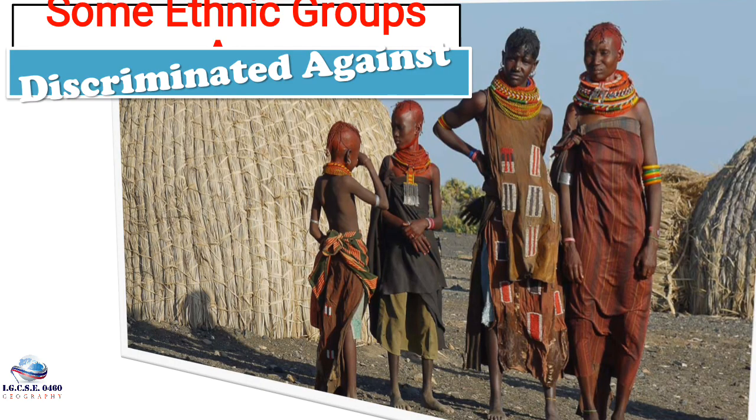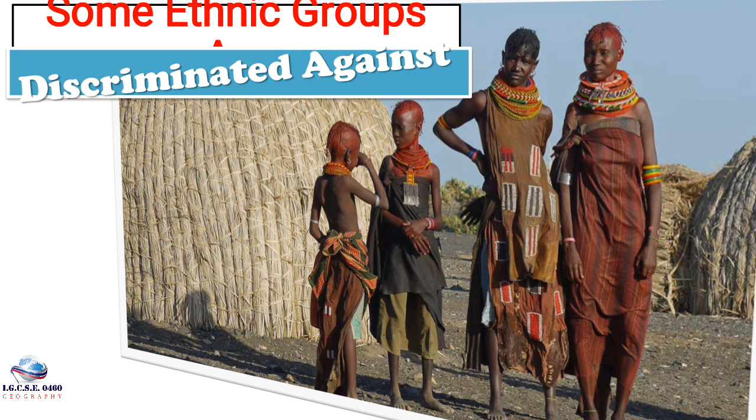On this side, we have another factor. Some ethnic groups are discriminated against. What this means is that some ethnic minorities are not given equal opportunities such as education, government roles, investments, infrastructures, and therefore they are left behind in terms of development in their areas.